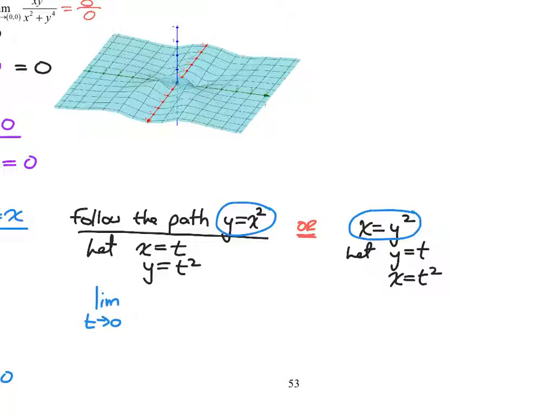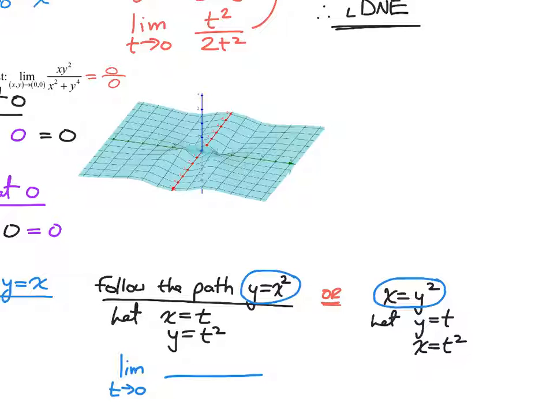So t is going to approach 0, because whether x is equal to t or y is equal to t squared, if x is approaching 0 or y is approaching 0, it's still a case where t is approaching 0. In my first case, I'm going to replace all the x's with t's and all the y's with t squareds. So t times t squared squared over t squared plus t squared to the fourth.